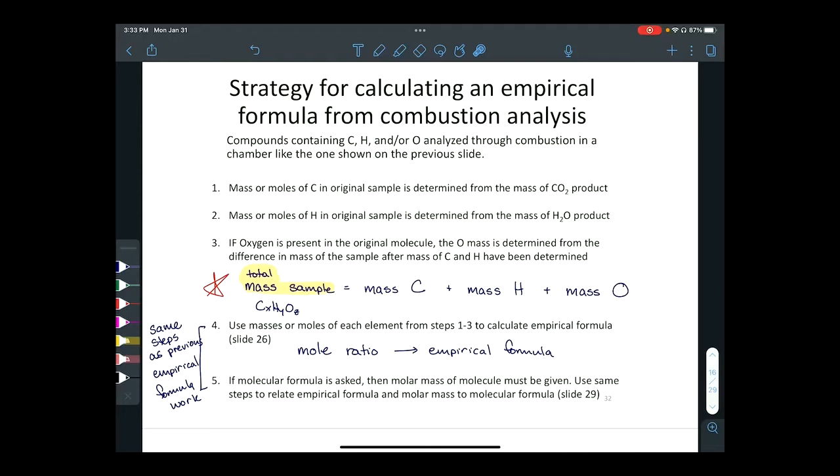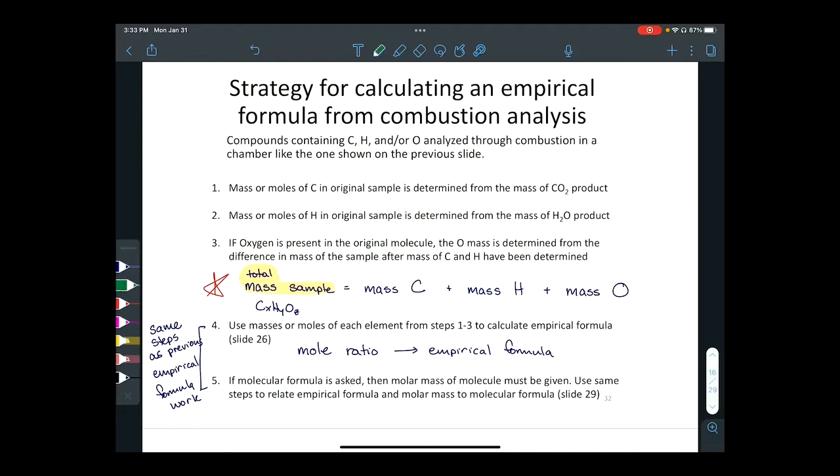So instead of starting with percentages of each element, we're given a mass of CO2 and a mass of water instead. And from there, we can get the mole amounts of carbon and hydrogen. So that is steps 1 and 2. Convert the grams of CO2 and water to moles of carbon and moles of hydrogen.